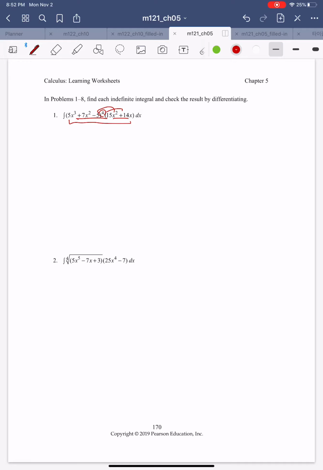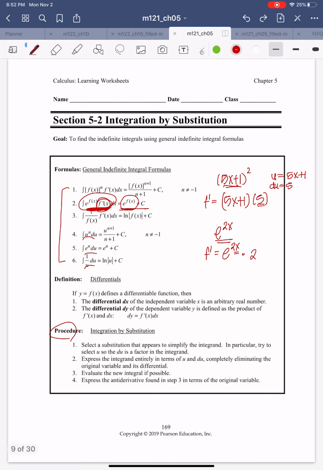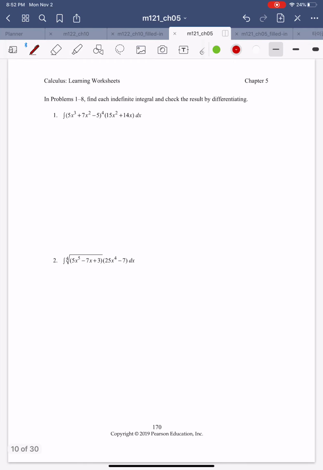So what do they suggest to select the u? Select the u that appears to simplify. Select u so that du is a factor in the integrand. And then I'm going to be selecting u. Now this requires a little bit of practice.